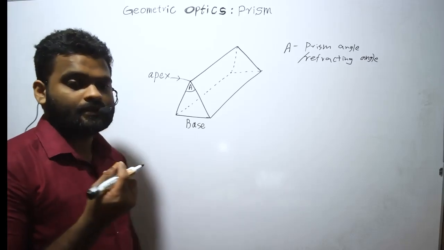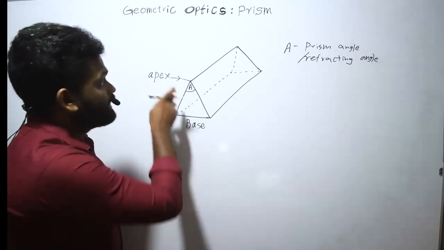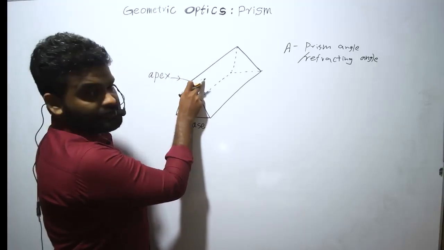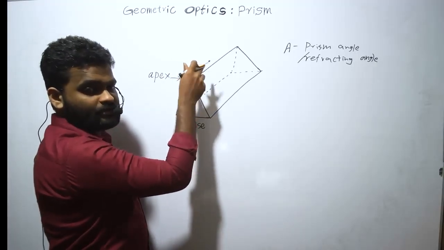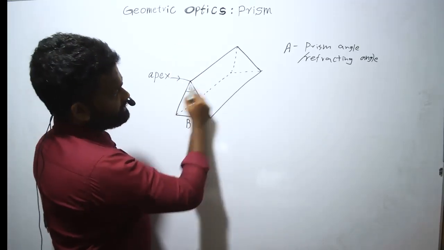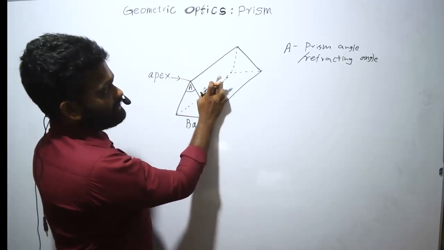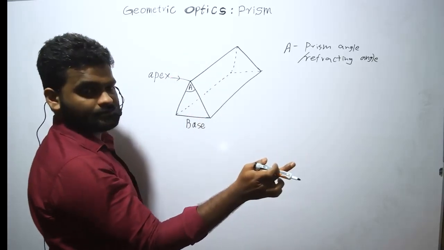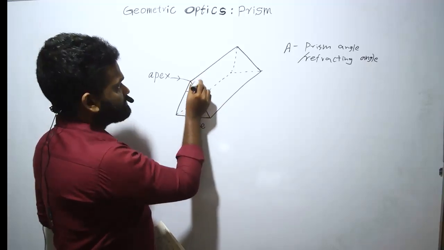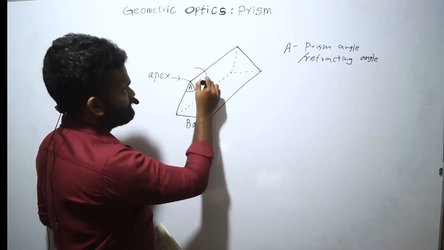Usually, what we mainly learn here is about a light ray that is incident on this surface. You have to imagine that surface behind it, right? A light ray hits this surface and leaves from this surface. So this surface, I think you can understand, is actually behind it, right?